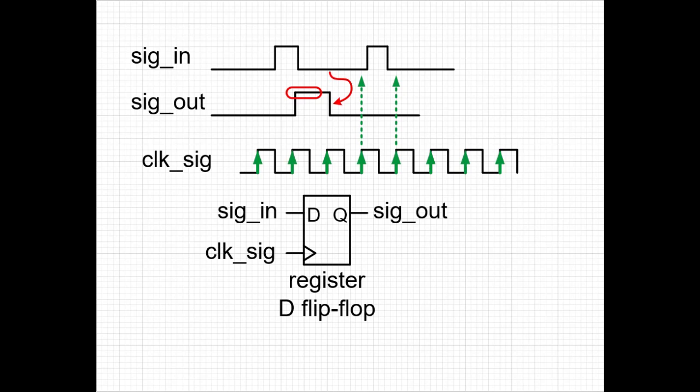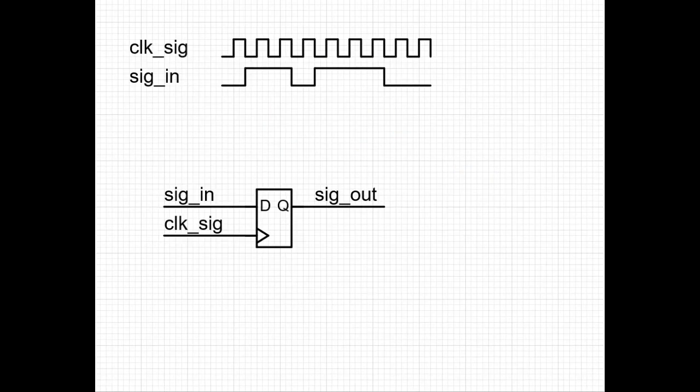Now, though, it's time to introduce an important feature of clocked registers, the concept of clocked delays, of shifting data in time. We'll start with this input waveform for the input sig-in.